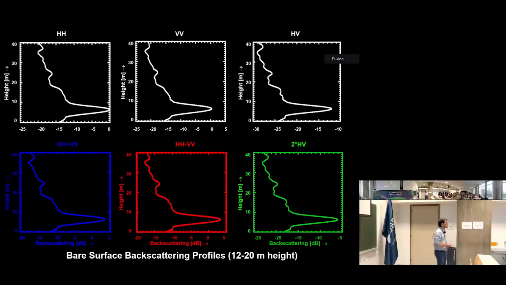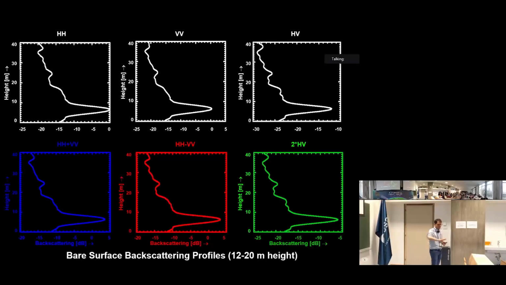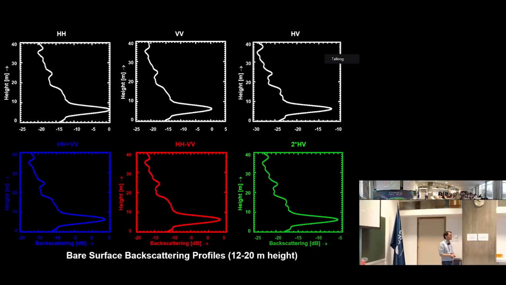Interestingly, you also have some scattering in HV. All the models tell you that surfaces don't scatter in HV, but in real data you always find something different. This can be due to a number of effects, but if you make a tomographic profile, even of a surface, you will find some scattering also in HV.